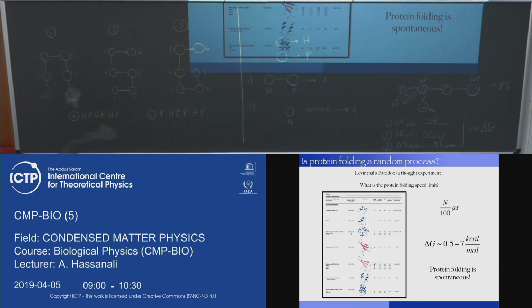It's telling you that in the protein folding process, enthalpy and entropy more or less balance each other out, with a small preference on one side that ultimately drives the direction in which the protein will move. So this is the essential message here.